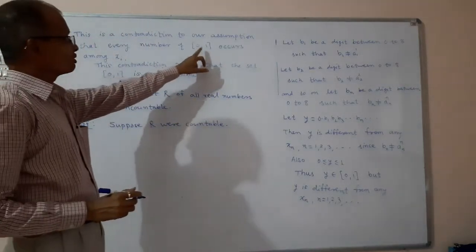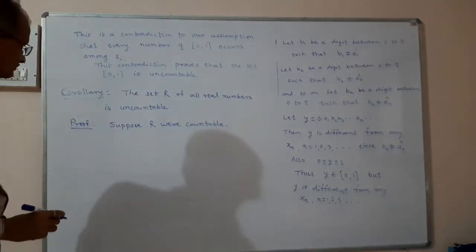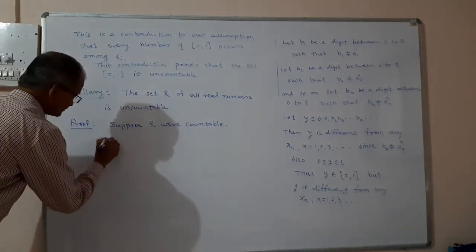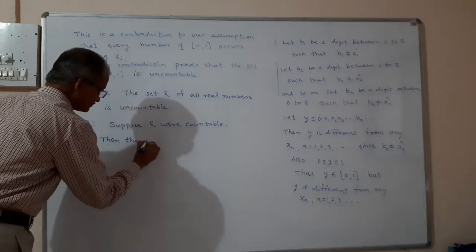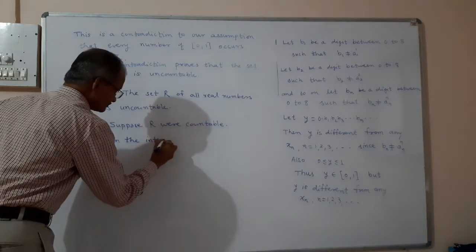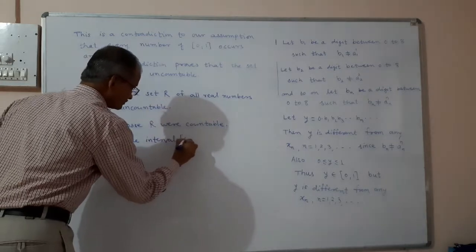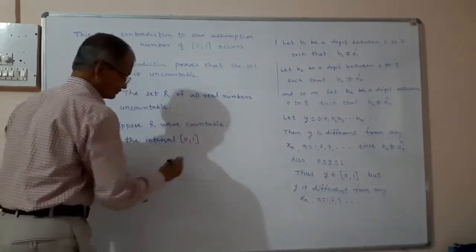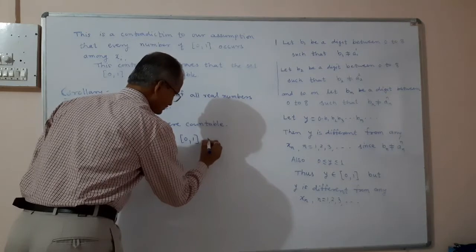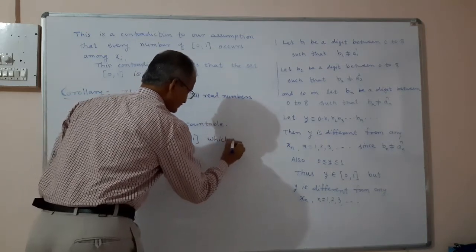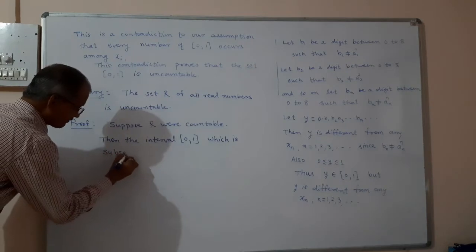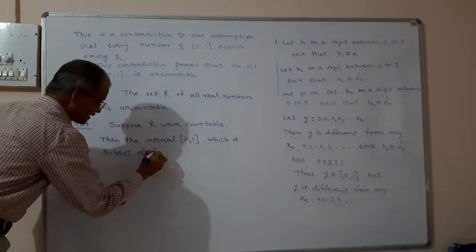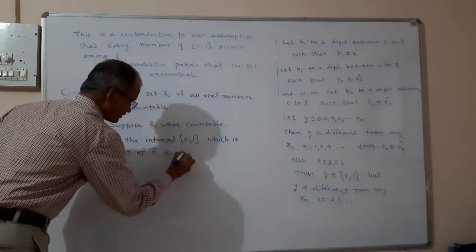Then the interval 0 to 1, which is a subset of R, is also countable.